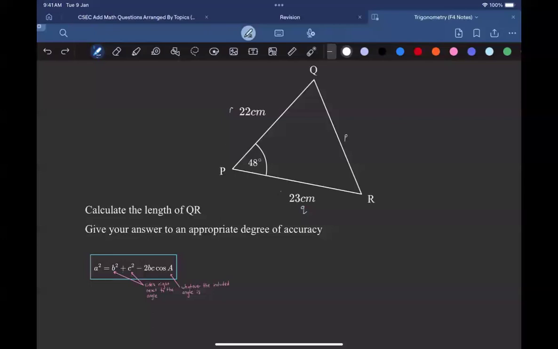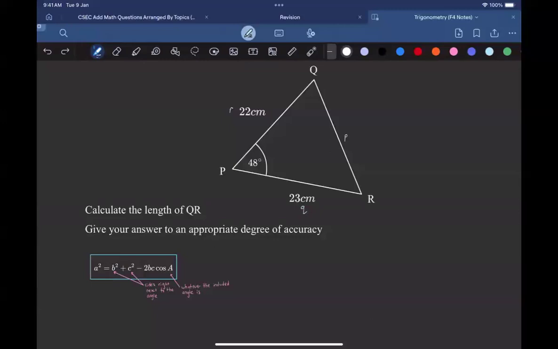And that leaves what? What is the only letter that remains? P.